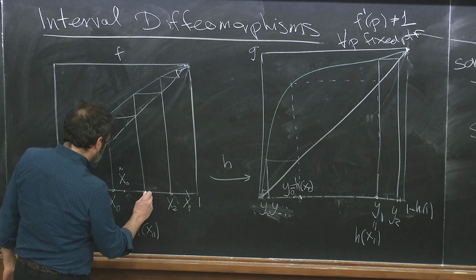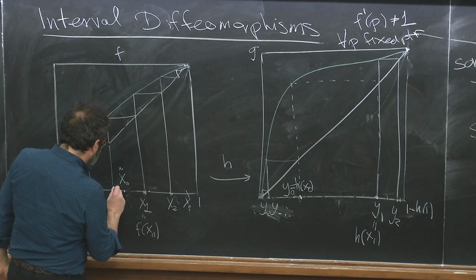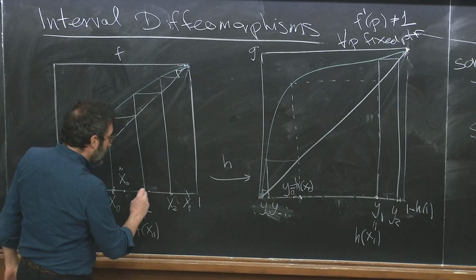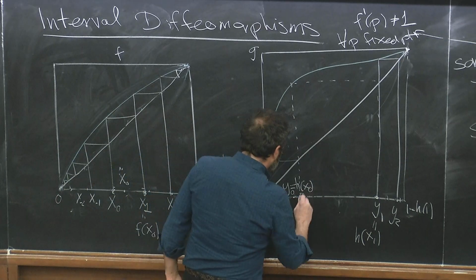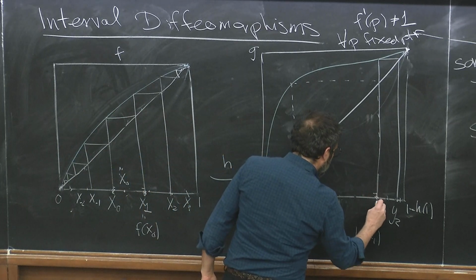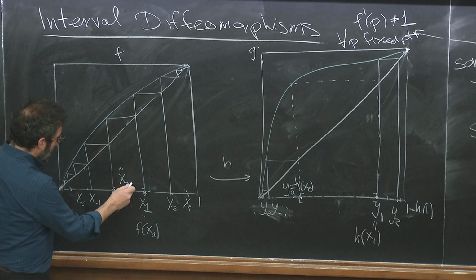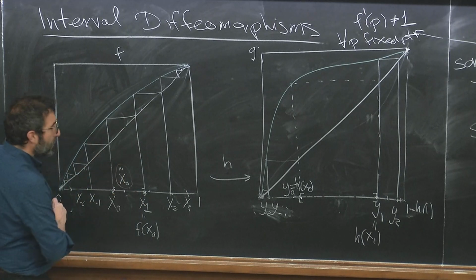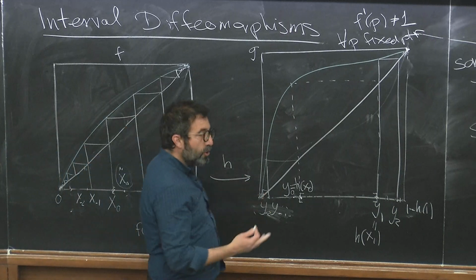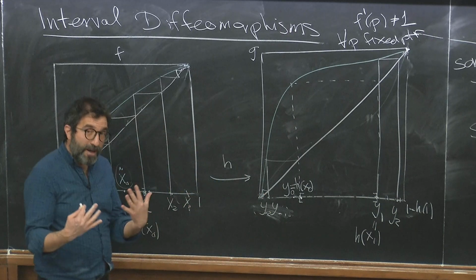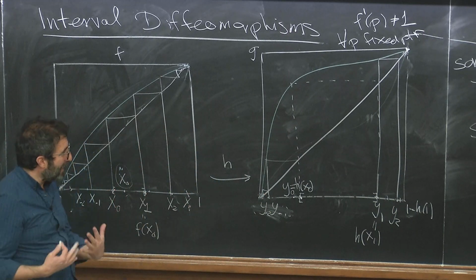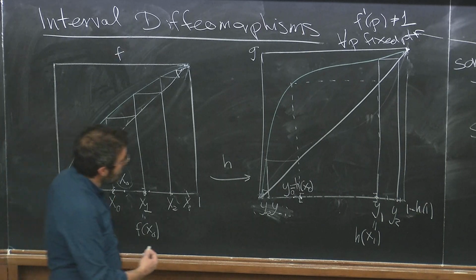So it must map the interval x0, x1 to the interval y0, y1. And so if I take this point x0 tilde, and I choose, I don't know if I will have all this flexibility, but I'm trying things out, I'm seeing what happens.